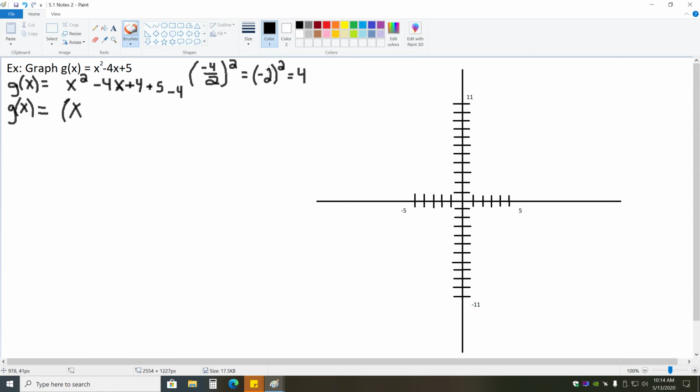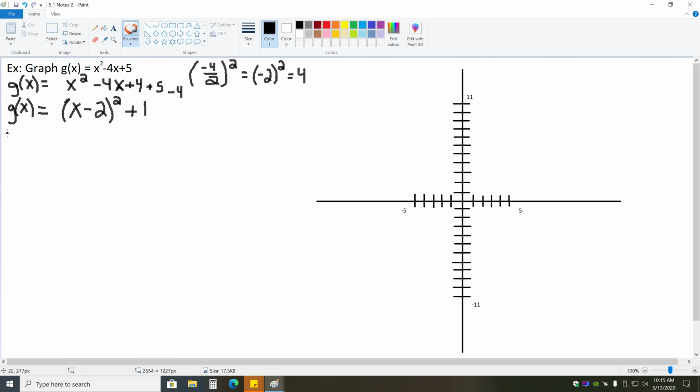Remember, whatever's in parentheses here of the square will always be with the x. So x minus 2 squared. And now we have plus 5 minus 4, which just gives us plus 1. We have now found the vertex form.